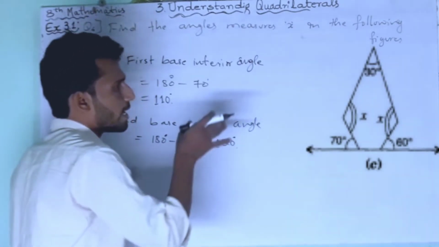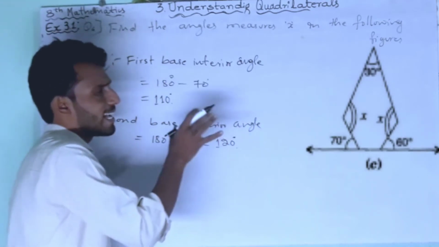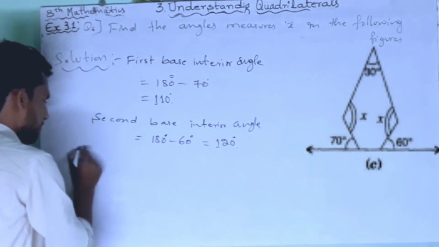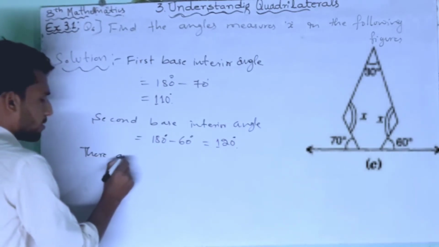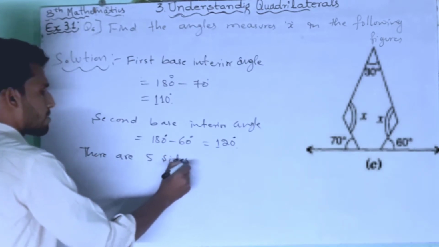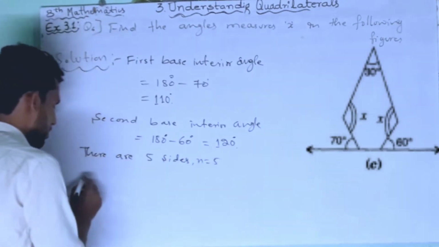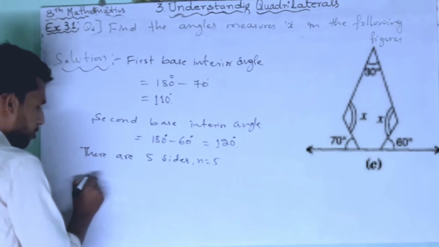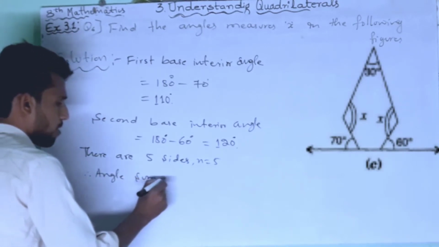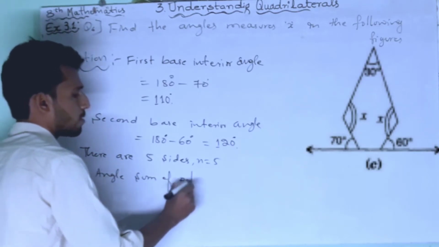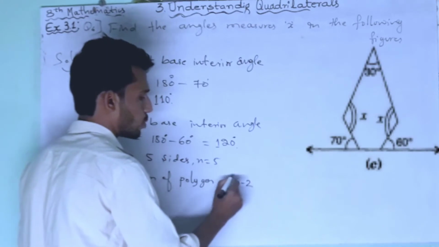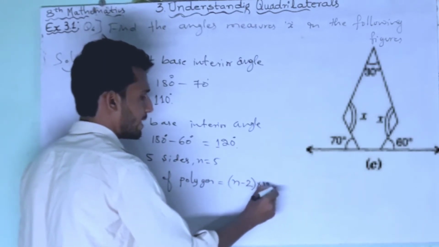Okay, next point. See, observe this figure. Here the total sides given is 5 sides. Sides n is equal to 5. According to the angle sum property of a polygon, angle sum of polygon is equal to n minus 2 into 180 degree.